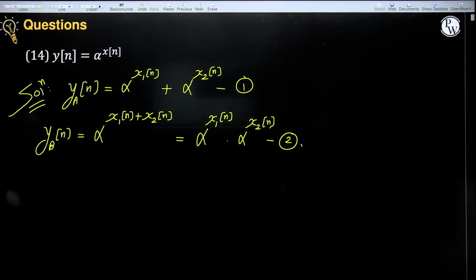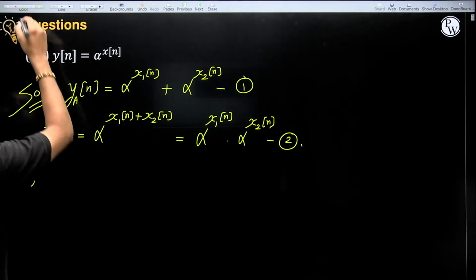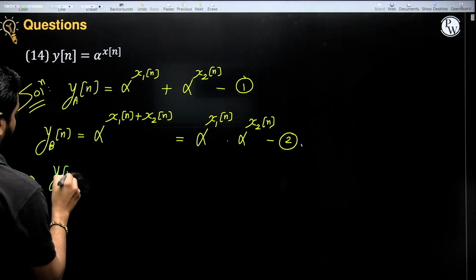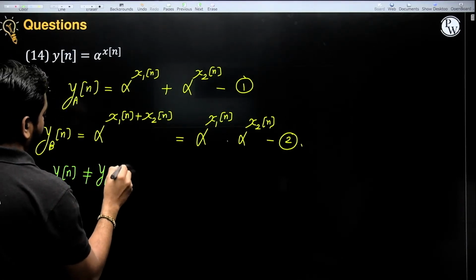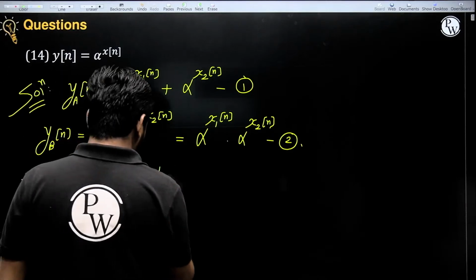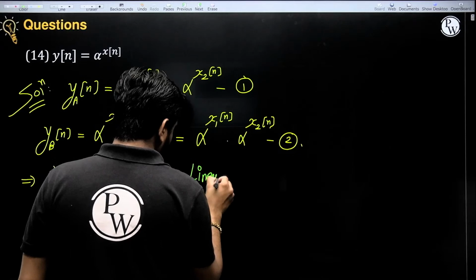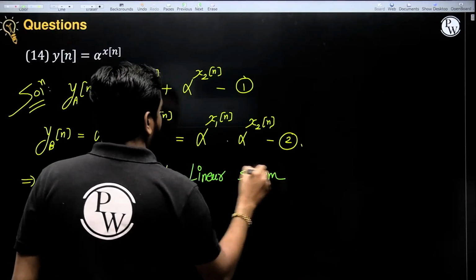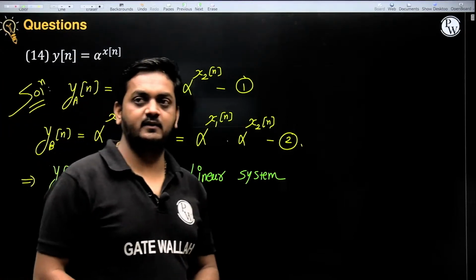As you can see here, number 1 is not equal to number 2. Ya of n is not equal to yb of n. The system is said to be non-linear. Correct? A non-linear system. Fine.